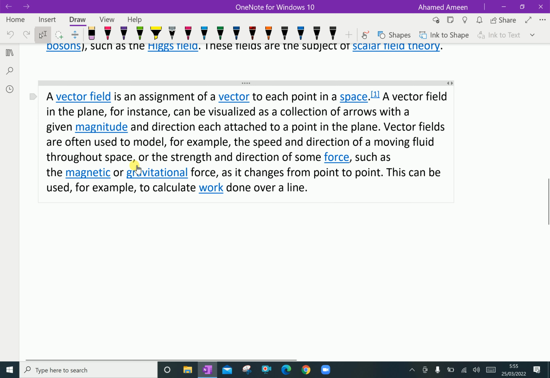That means it's helpful to forecast the monsoon or the strength and direction of some forces, such as a magnetic or gravitational force, as it changes from point to point. This can be used, for example, to calculate work done over a line.